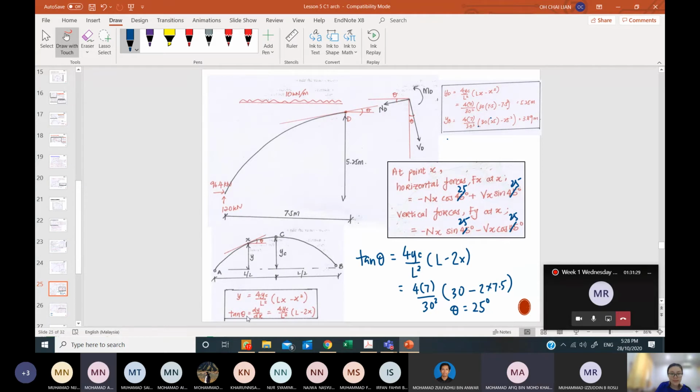Yes. So you can use tangent theta equal to 4yc over L squared multiplying L minus 2x, to get your theta. I have taken back the yc information earlier. yc is 7 for this case, L is 30, and the x right now is the length measured from A, which is 7.5 here. My answer is that theta is 25 degrees.